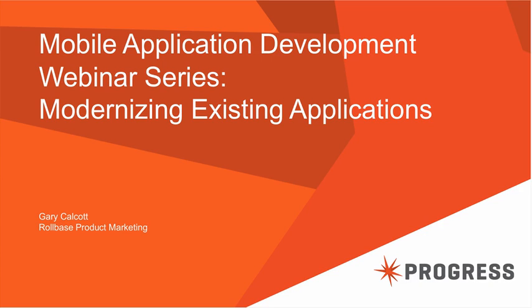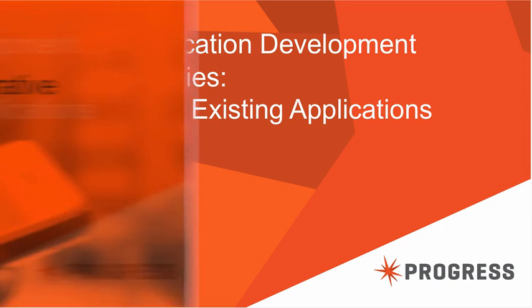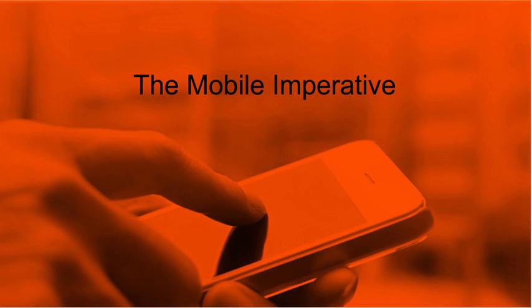In the next 20 minutes or so, we will discuss why modernization of existing application assets is key to enabling your go-forward strategy for mobile. So, first of all, let's talk about the mobile imperative. Mobile is on the tip of everybody's tongue, from CIOs to line of business leads to application developers.